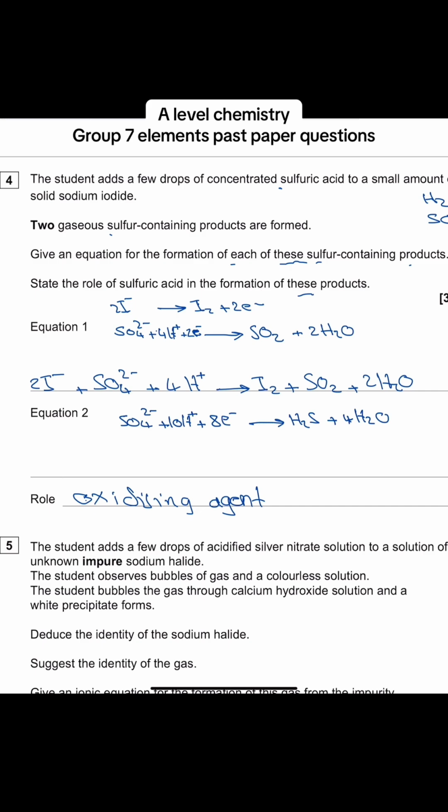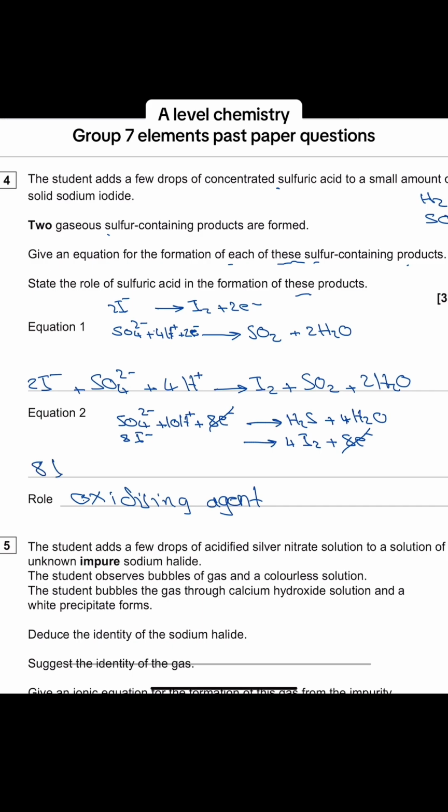Now let's add the two equations together. The first equation has only two electrons, so we need to balance this one by multiplying everything by 4 to have 8 electrons, which means 8 iodide will give us 4 of the iodine and 8 electrons. The electrons will cancel each other out, and then we just add the two equations.